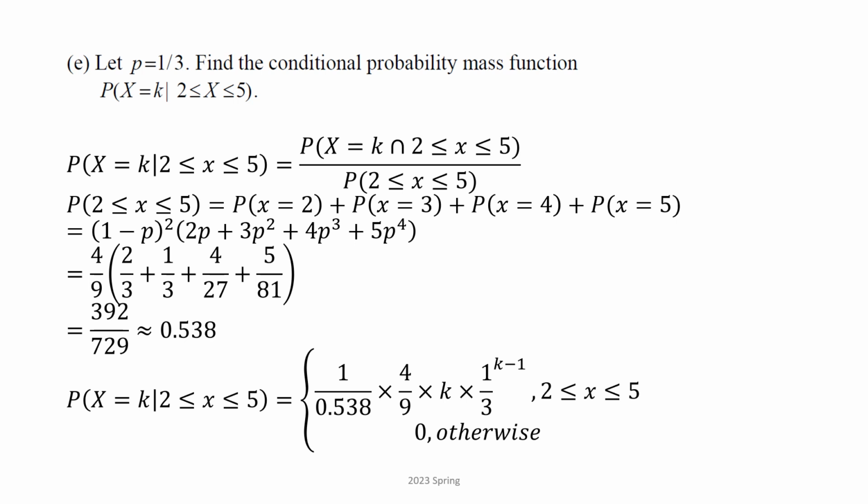Based on this result, we know that the probability we needed equals 1 over 0.538 times 4 over 9, which means b, times k times (1 over 3) to the power of k minus 1, for X greater than or equal to 2 and less than or equal to 5, and it equals 0 otherwise.